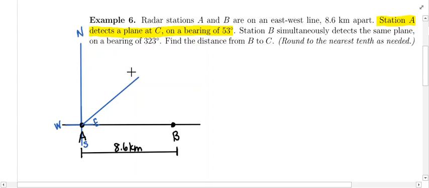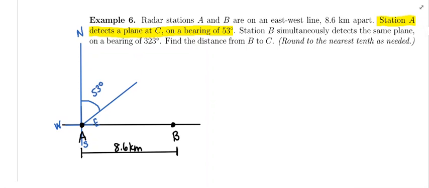I'm just going to eyeball that, about right here. So this angle right here is going to be 53 degrees. That's how we would draw the bearing.